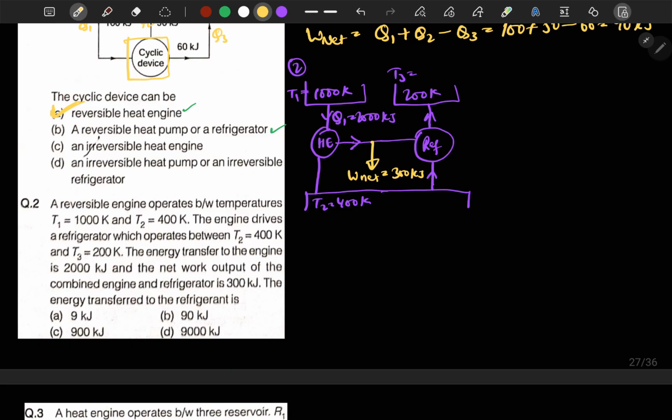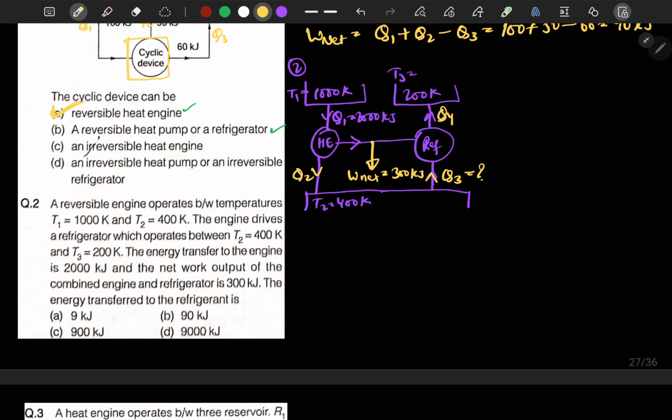Let's say Q2 is released here, this is Q3, and Q4 is released here. So we have been asked what will be the value of Q3, the energy transfer to the refrigerant. For this we can proceed as follows.